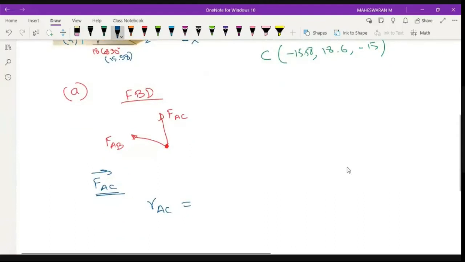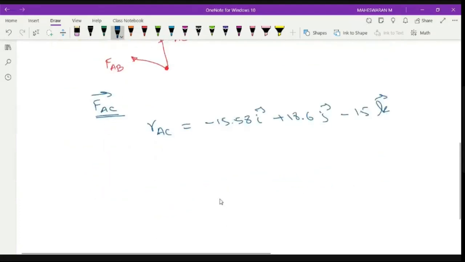So I will directly write: minus 15.58 i vector plus 18.6 j vector minus 15 k vector. This is my RAC. What is the modulus of this? Just use the formula.